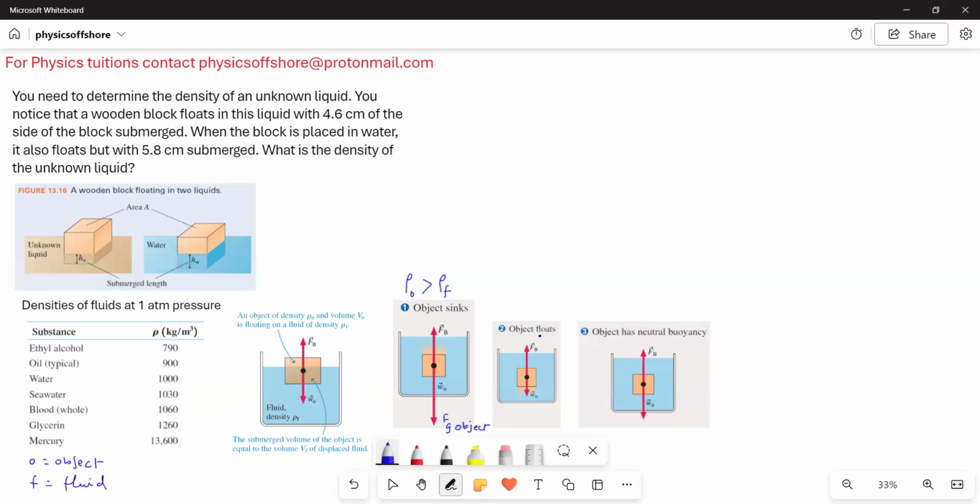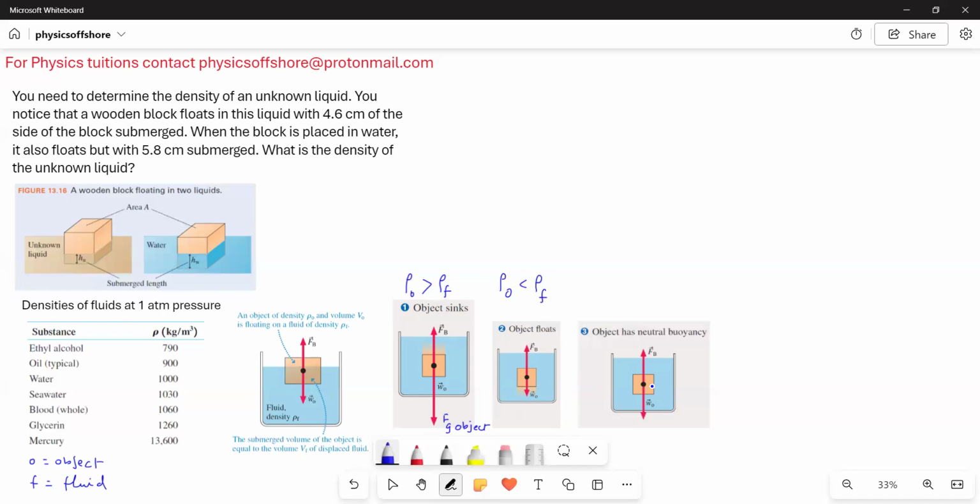Now comes the object floating on the fluid. Here you see the downward arrow is smaller than the upward arrow. This indicates that the buoyant force is greater than the weight, which indicates that the density of the fluid is greater than the density of the object. That means the density of the object is less than the density of the fluid.